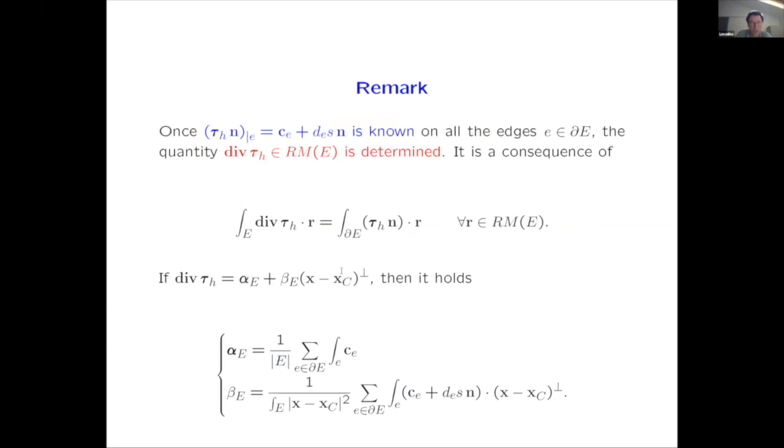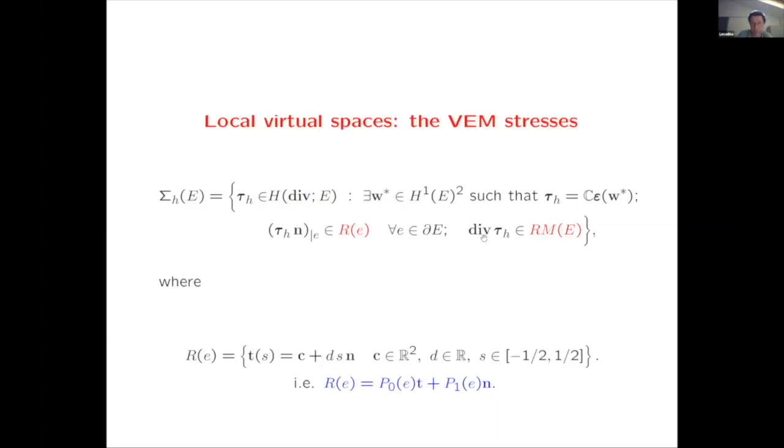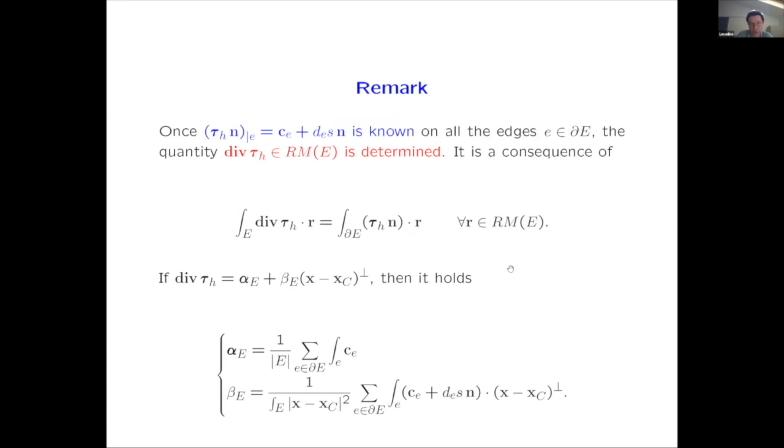So one may wonder why not choose probably more natural spaces here, for instance, in the divergence. Why do you choose this rigid body motion instead of, for instance, constants, and so piecewise constants, if you consider the mesh?